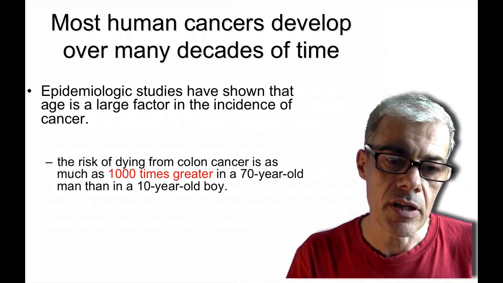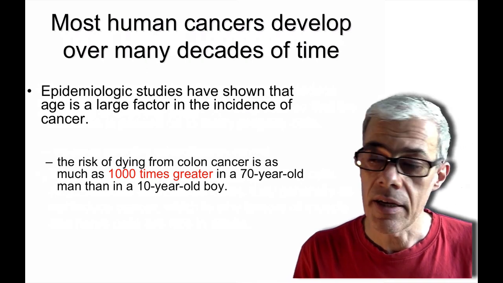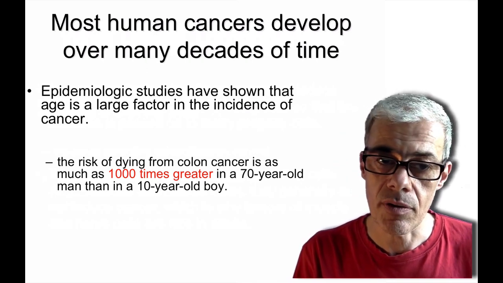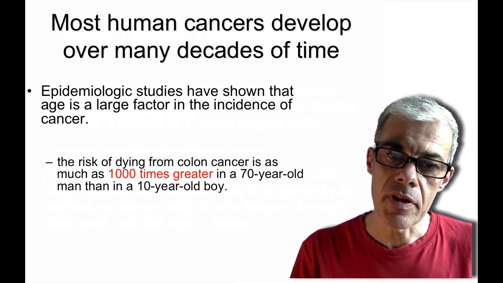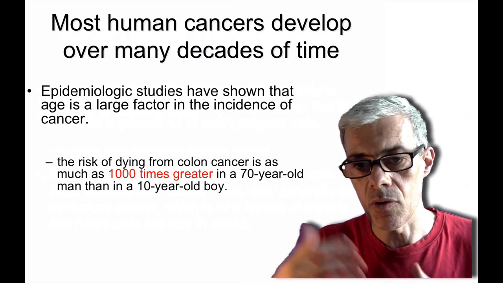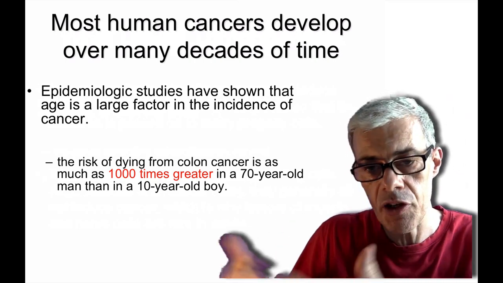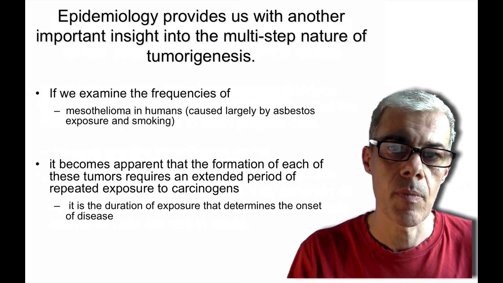Studies have shown that a 70-year-old is 1,000 times more likely to have cancer than a 10-year-old. This is because it takes time for these mutations to pick up, be passed on to daughter cells, and then accumulate in a series of mutations.